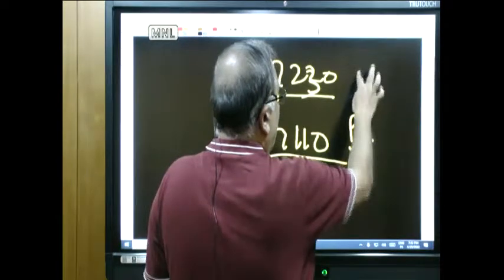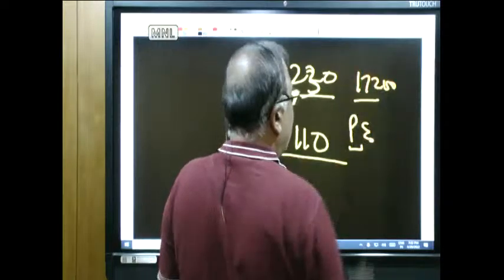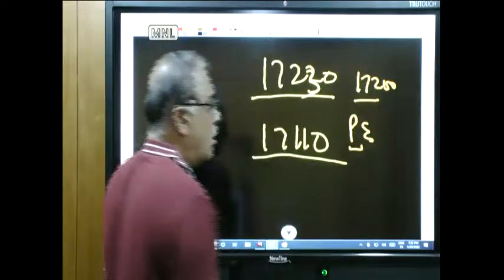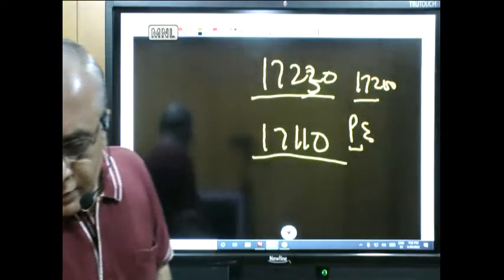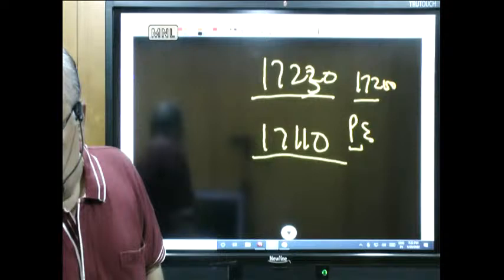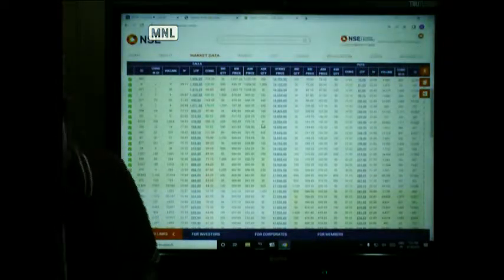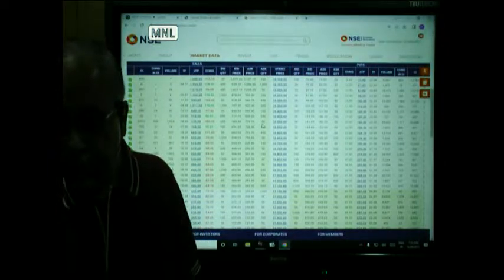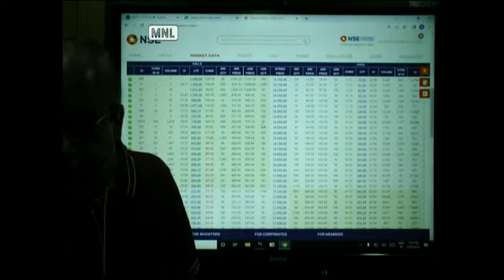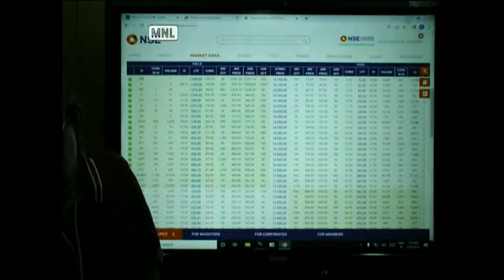If you have bought a 17,200 put option, ideally whatever it is, 50 rupees, it should have appreciated, right? So let us see what happened compared to yesterday. So the price of the 17,200 has moved by 47 rupees. That is, there is an appreciation in the price to the extent of 47 rupees.